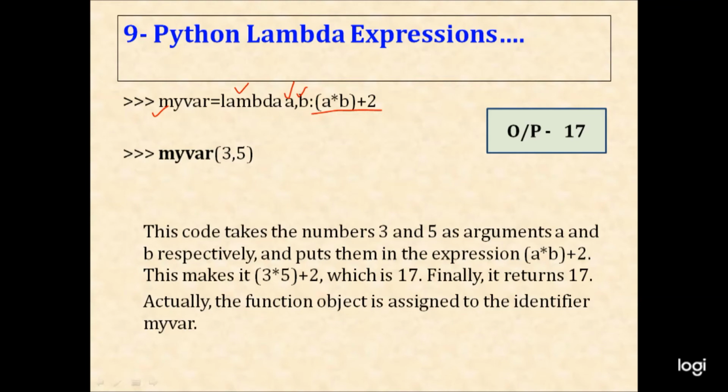It will be evaluated and gives the output after calling it. You can see I have not defined the function here. So this way also you can create an expression by using the lambda keyword.